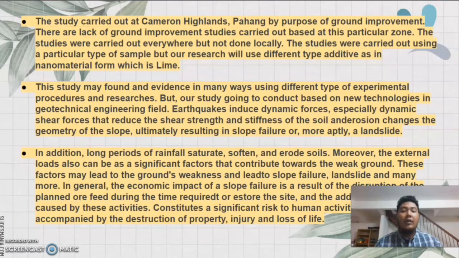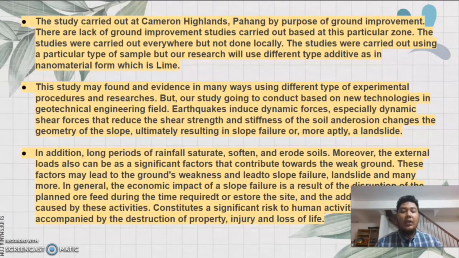The last of the problem statement is, in addition, long period of rainfall storage soften and erode soil. Moreover, the external load also can be a significant factor that contribute toward the weak ground. This factor may lead to the ground weakness and lead to slope failure, landslide, and many more.